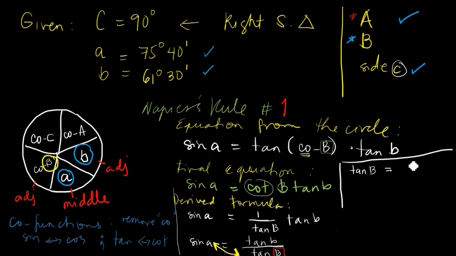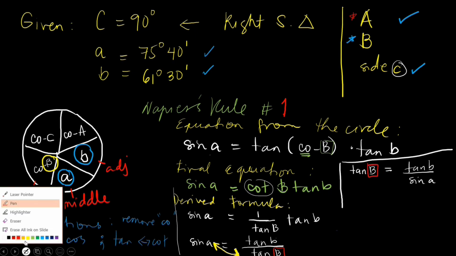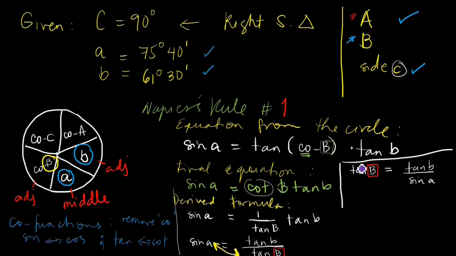And the numerator of the right is the same, tangent of side B, and its denominator after cross multiplication will be sine of side A. Next, since we need to derive the formula, we need to write angle B alone on one side, so we transfer tangent to the other side. It becomes B equals arc tangent of tangent of side B over sine of side A. This is our derived formula.